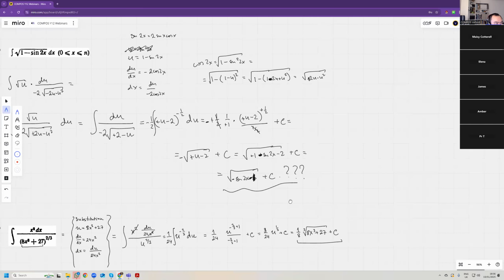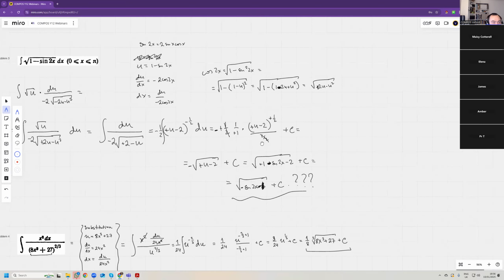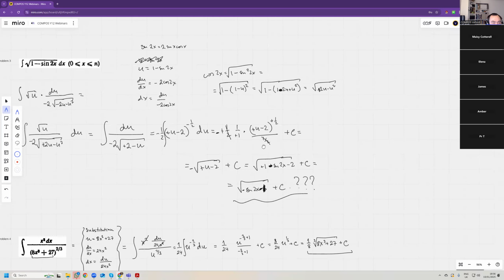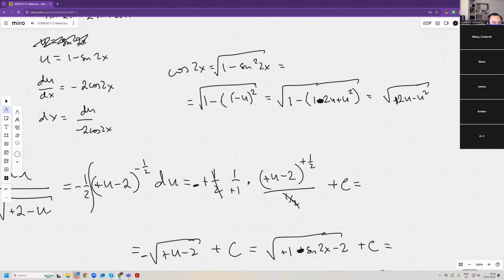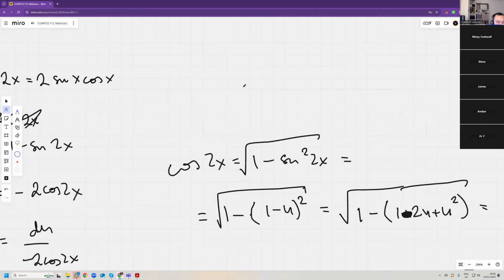Okay, let's double check. So in order to check this, cos 2x, because that's the main trigonometric identity.